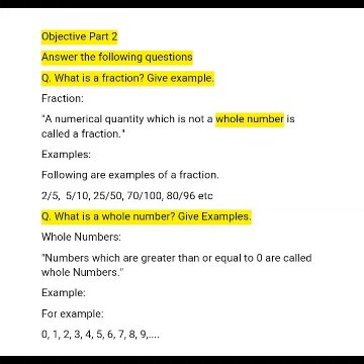Answer the following questions. Question 1. What is a fraction? Give an example. Fraction: a numerical quantity which is not a whole number is called a fraction.